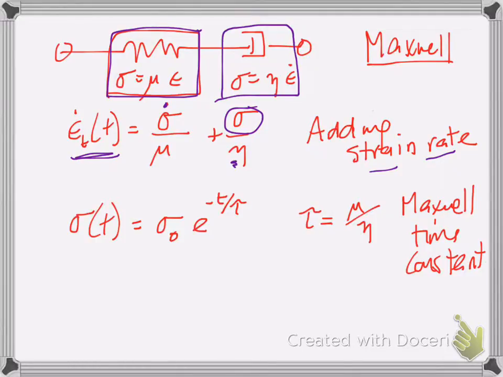Again, this is a solvable ordinary differential equation, and the final stress looks like this, where the stress is equal to the stress at this amount of stress times the exponential function, which again is related to the Maxwell time constant.